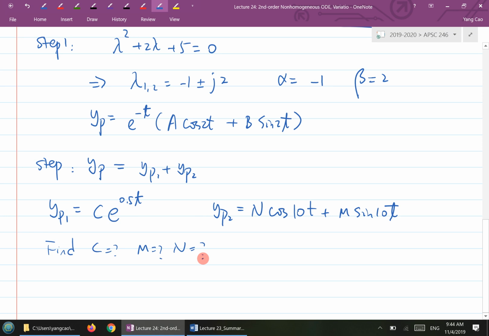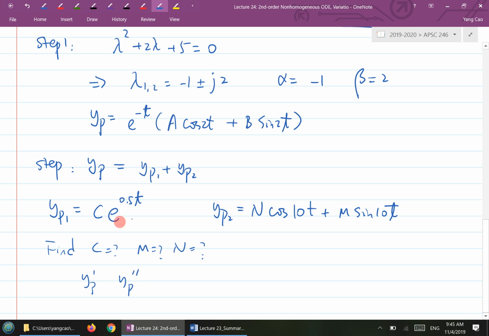To do this, you could put yp1 and yp2 together, this plus this, and then calculate yp prime, yp double prime, substitute back into the equation, compare coefficients, then get c, get n, get m. So that's definitely one approach here.